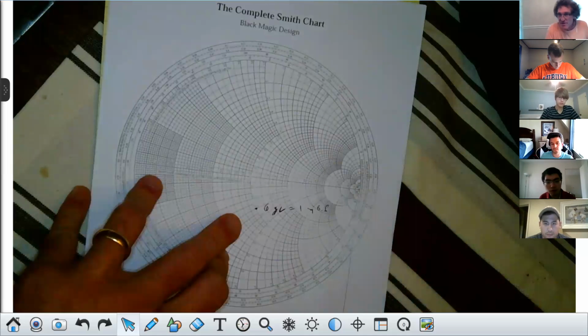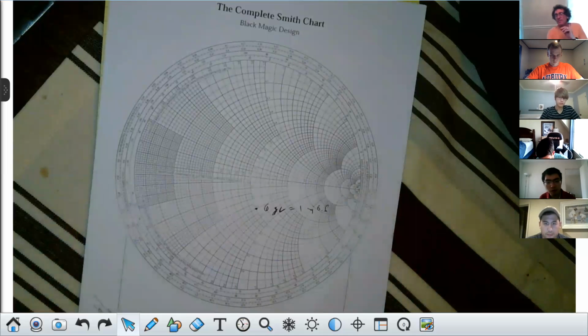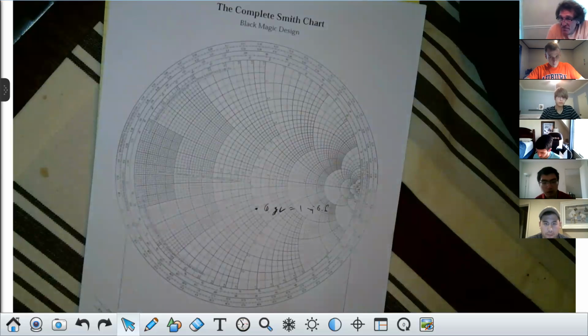Is there anything that jumps off the page at you? Well, there's one standard thing. If we're going to do matching, impedance or admittance matching, we always want to move to the one circle, correct, class? Am I not already at the one circle? Can you all see I have a 1 minus J.6, correct?